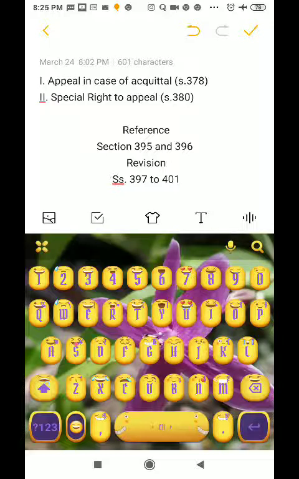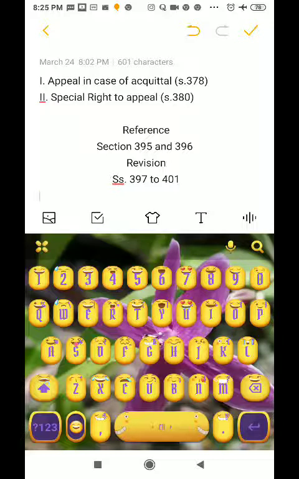Next comes the High Court's power of revision, which is provided under section 401. Section 401 says that the High Court has this revision power and it can apply in three ways. Number one, suo motu, that is on its own motion.